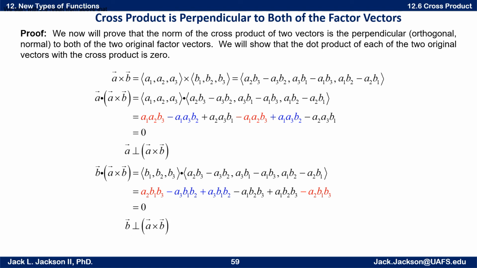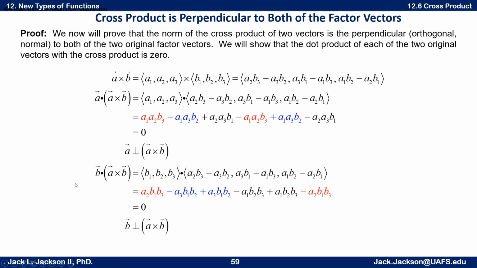So in the end, what do we have? We have the cross product is a vector that's perpendicular to both of the original vectors, and its magnitude is the area of that parallelogram with those two vectors as the sides, and that area is given by the norm of A times the norm of B times the sine of the angle in between.